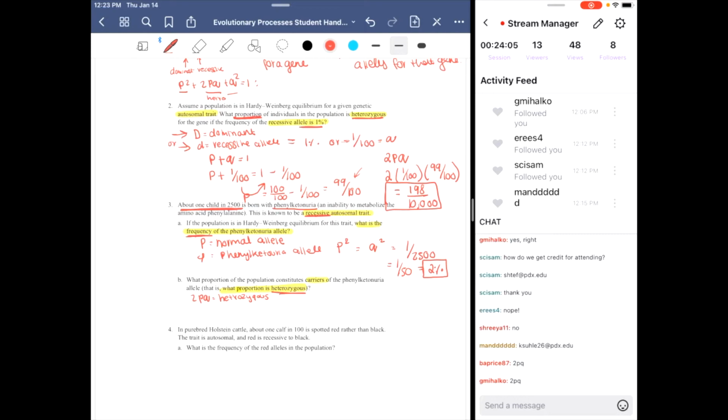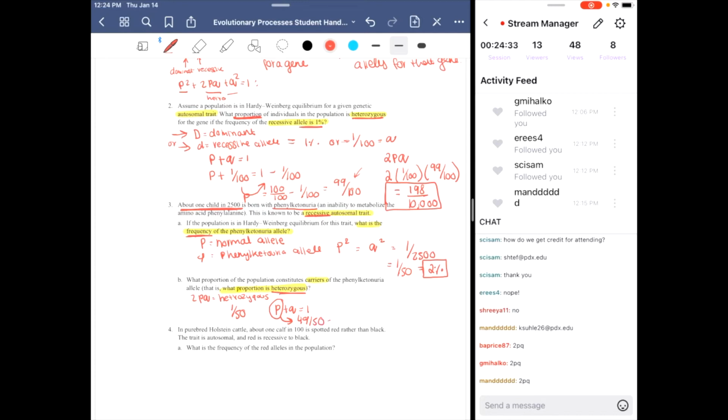So from that, in the previous problem, we figured out that the q was 1 over 50. So again, we can use p plus q equals 1 to figure out what the p is. And that comes out to be 49 over 50.